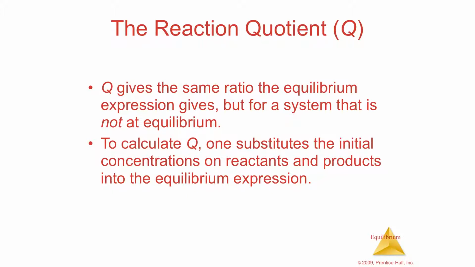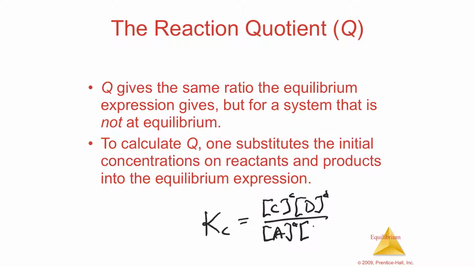If you remember that the equilibrium constant, which we called K sub C, is going to be equal to the molar concentrations of the products, so let's say that's C, raised to whatever coefficient that is, times, if there's a second one, the same, divided by the concentrations of the reactants. So let's say that's A, and maybe there's a second one.